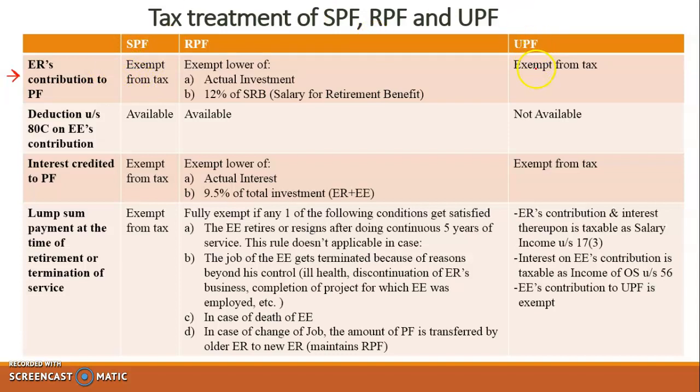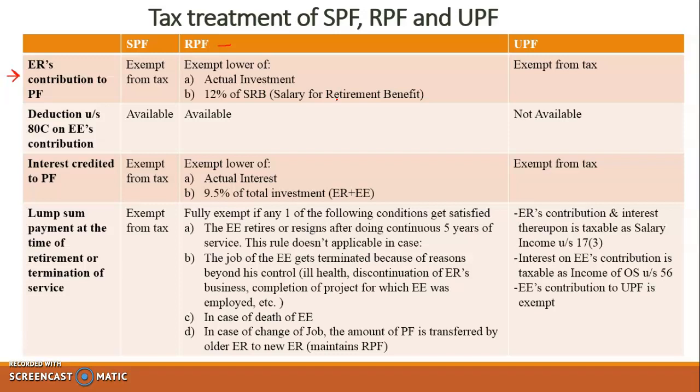Under unrecognized provident fund also it is exempt from tax, but for recognized provident fund, the exemption is the lower of actual contribution or 12% of salary for retirement benefit, whichever is lower. So recognized provident fund has this condition; apart from that, statutory provident fund and unrecognized provident fund are exempted. Salary for retirement benefit, I assume you all know, is basic salary, DA forming part of retirement benefit, and commission if it is given as a fixed percentage on the turnover achieved by the employee.